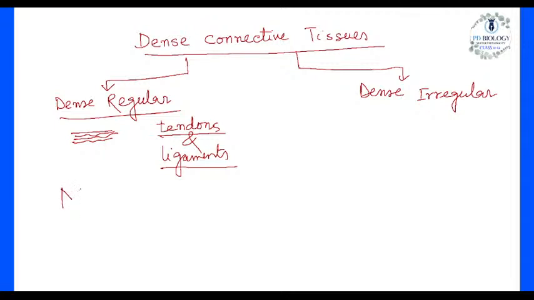We can remember muscle, tendon, bone: MTB. Muscle and bone are connected with tendon. Yes, Ankita, you are right.